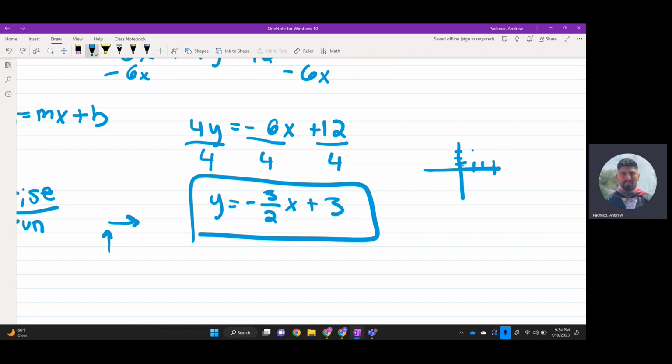Because our slope is negative, instead of going up and to the right, we're going to go up and to the left. So 1, 2, 3, and then right here.